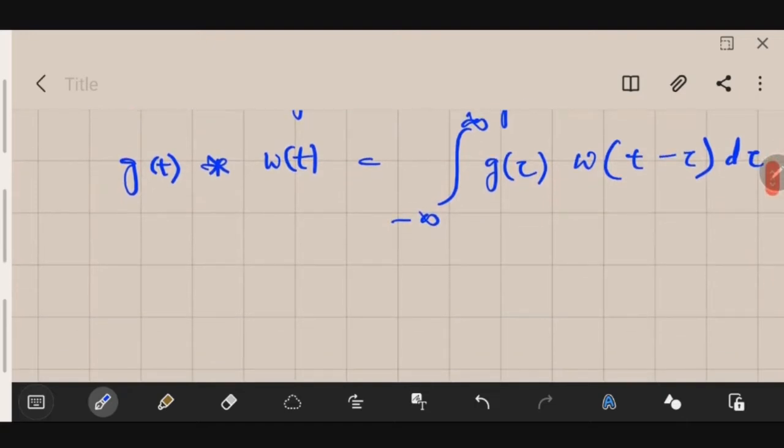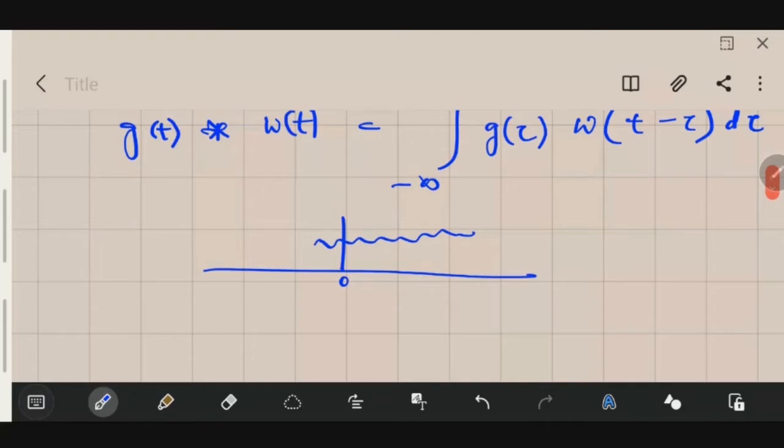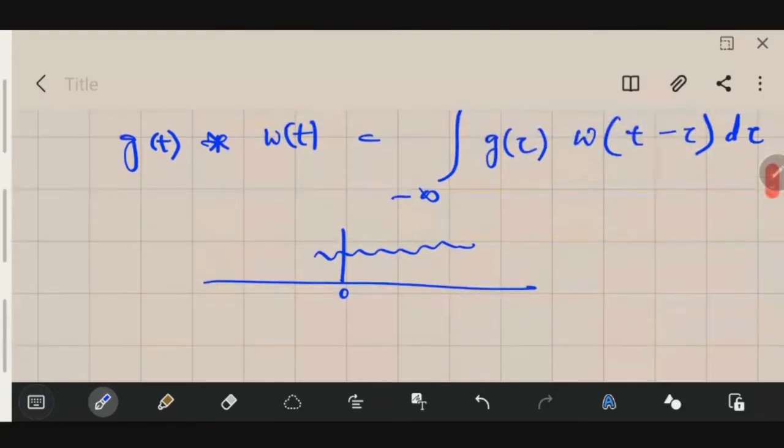What you are essentially doing is, let's say this is your signal g of t, and this is 0, and then you have w of t. Let's say your w of t is a signal something like this.